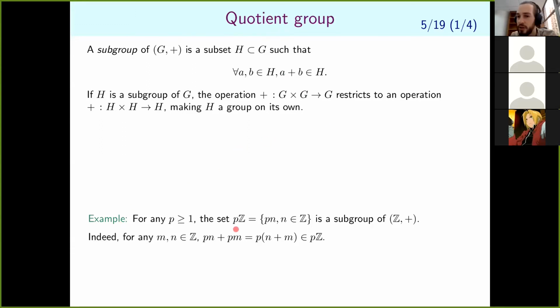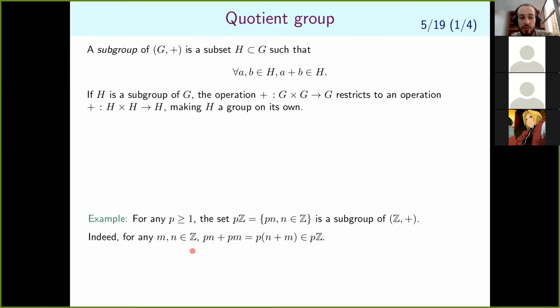And if we take the example of the group of integers, for every integer p, you can define pZ, the set of elements of the form p times n, where n is an integer, the set of multiples of p, and this is a subgroup of Z. I just have to prove this axiom.